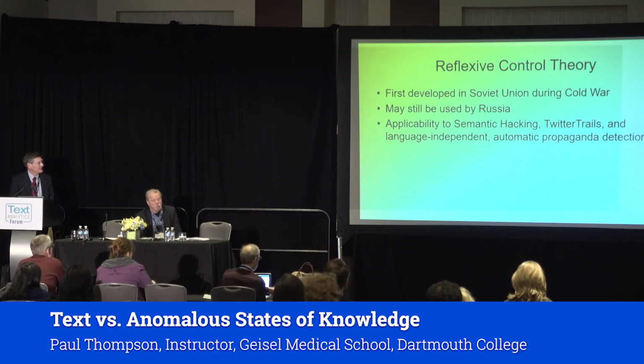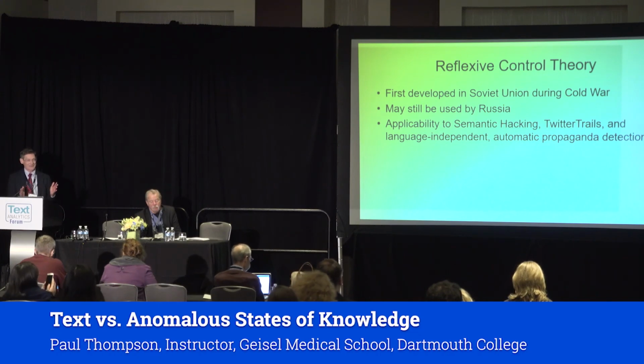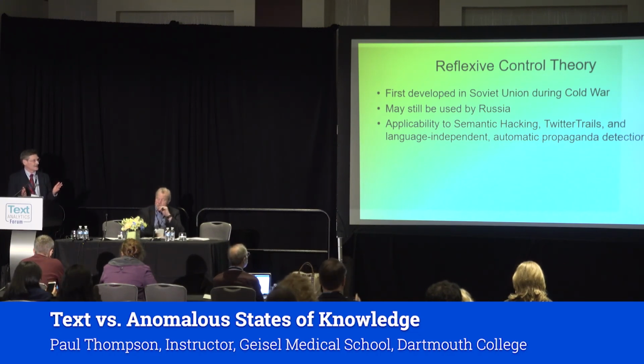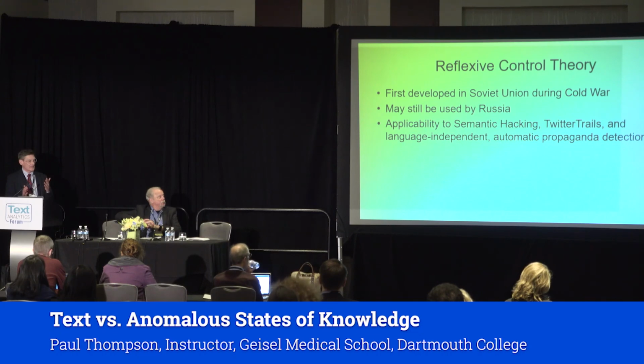So, again, this is an attempt to understand the user's information need or the user's information state, because in reflexive control theory, the practitioner of this sort of deception, to have effective deception, needs a very thorough understanding of the culture of the person you're trying to deceive.